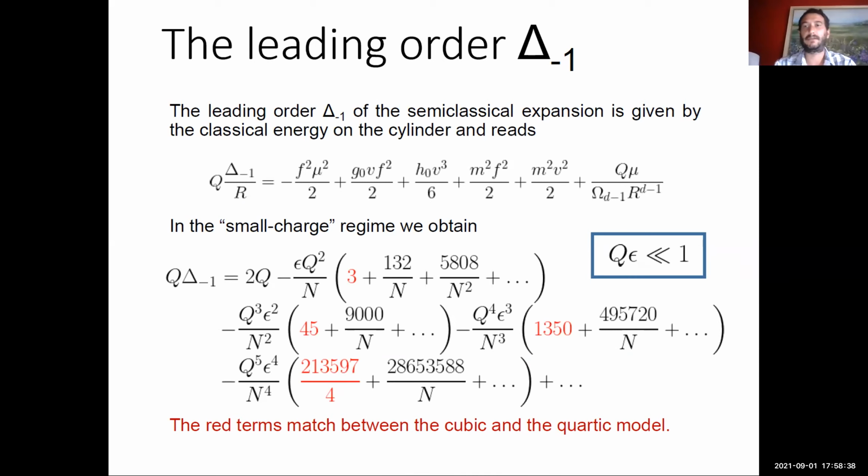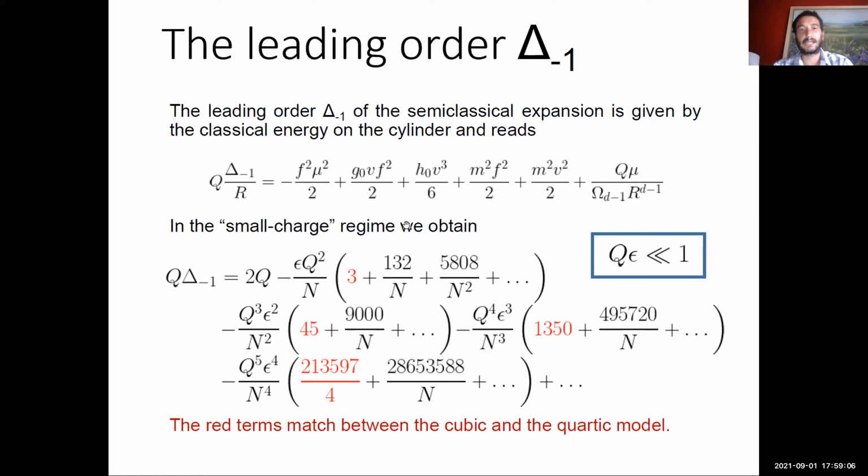It's interesting, for instance, to consider what we can call the small charge limit, where Q times epsilon is much smaller than 1. Even if called the small charge limit, this can be misleading because the charge is still large, but it's not the largest parameter in our system. It's much smaller than 1 over epsilon. So it's smaller than the other parameter of our system.